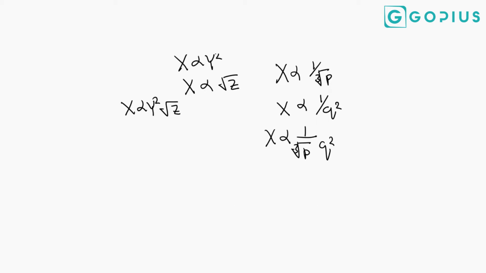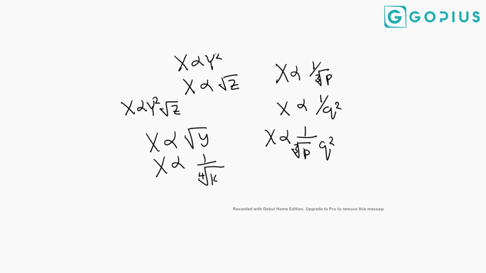Alright, so this is a case of a combined one, where x varies directly as maybe the square root of y, and also x varies inversely as maybe the fourth root of k. Now this is a case of one direct and the second one being indirect. It's still joined if I want to combine it now.